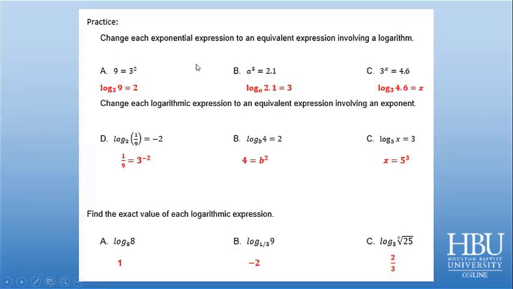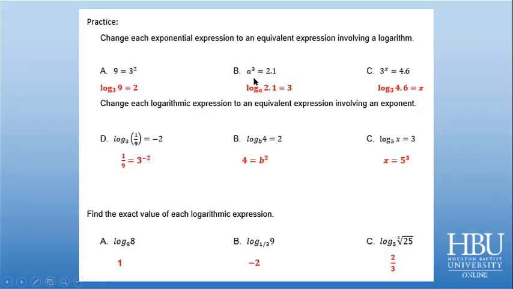For practice, you should try changing some exponential expressions to equivalent expressions involving a logarithm. We know that 9 is 3 squared. That is equivalent to saying the logarithm of 9 to base 3 equals 2. 2 is the exponent and 3 is the base.